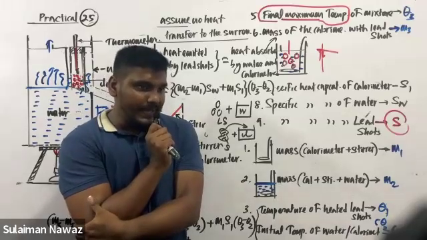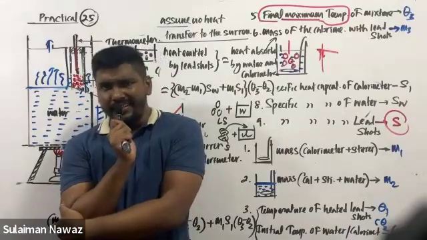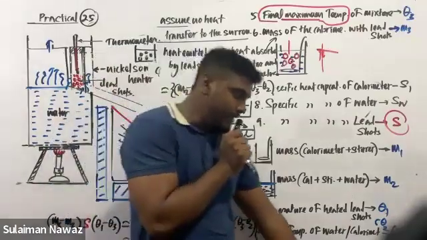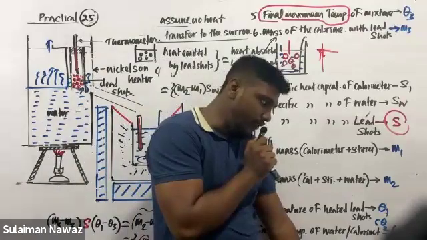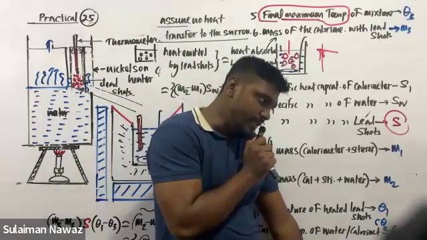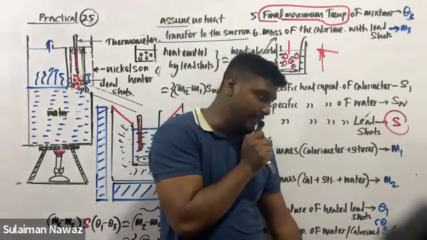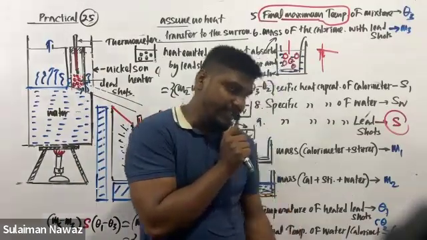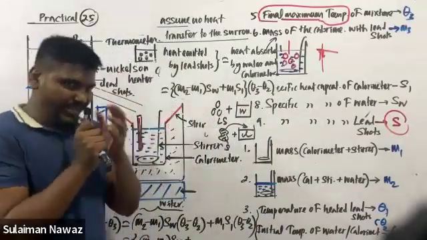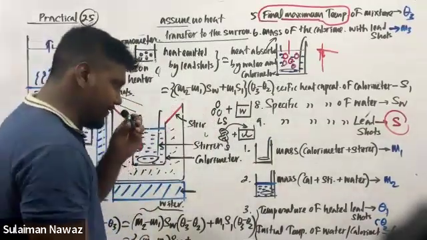So what do we do in this case? We can go for a method. Better you highlight it when you are writing the note. That method is called the method of compensation. Highlight that word, many times they have asked it in the exam. Method of compensation. So what is the idea? What is the method of compensation?